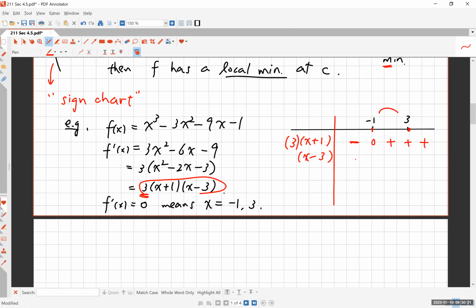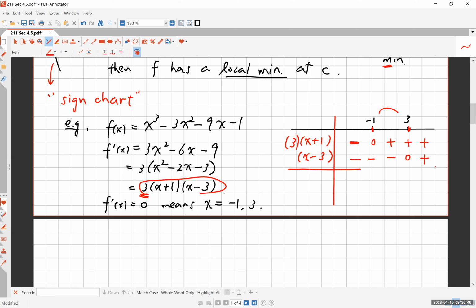Okay, so now do the same thing for x minus 3. That's negative here. When x is less than negative 1, that's clearly negative. When x is between negative 1 and 3, that's still negative. When x is 3, this becomes 0. And after that, it's positive. Typically, for each row, what you will see is this pattern that goes from negative to 0 to positive, negative to 0 to positive.